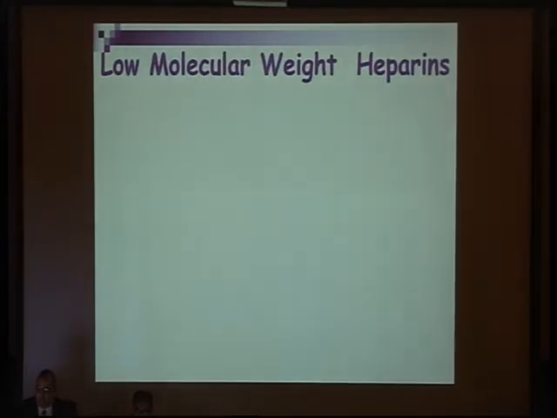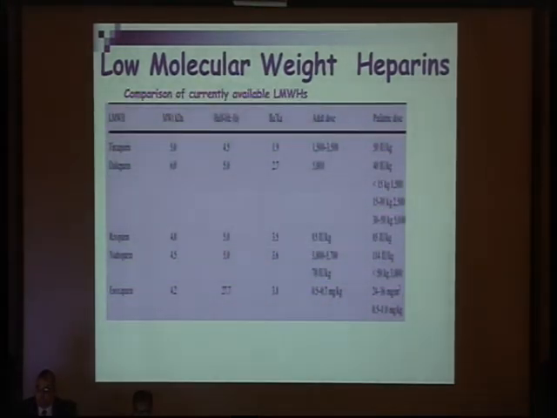So for the low molecular weight heparins, we have different types on the market. The most commonly used are tinzaparin or enoxaparin, like Nadroparin and Enohip, with a special pediatric dose.